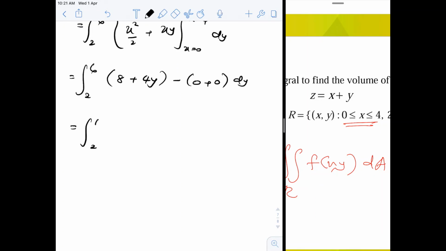So we just need to integrate this one, 8 plus 4y dy. Integrate 8 with respect to y, we will get 8y. Integrate 4y with respect to y, we will get 4y squared over 2. So substitute 2 and 6.